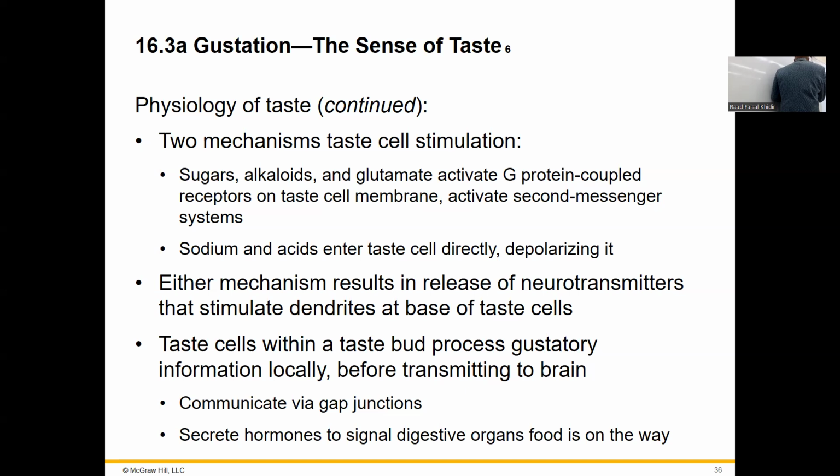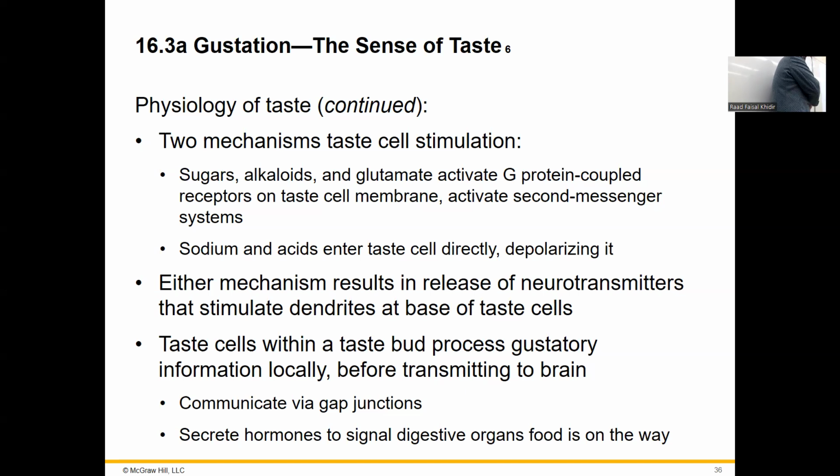But if you're hydrophilic, like the food that you're eating, some food that you eat is hydrophobic and can be internalized. But some food that you eat is hydrophilic, like glutamate, carbohydrates, and alkaloids. So how do they get internalized? How do we taste them? There are receptors on the cell surface that are bound on the inside to a G protein.